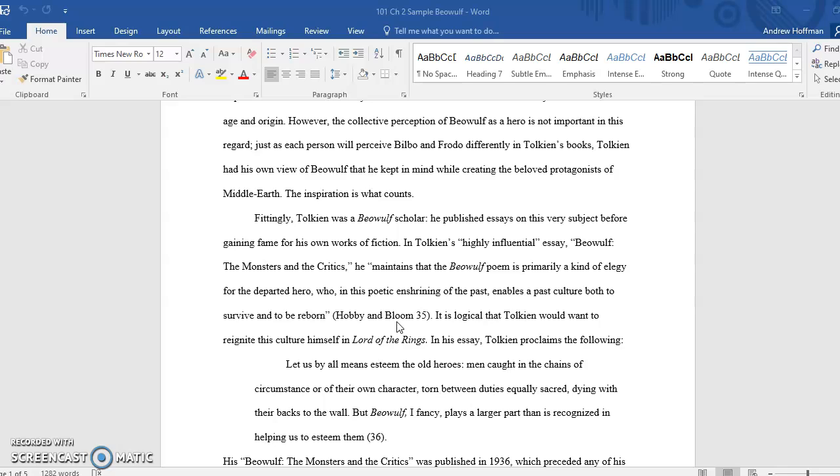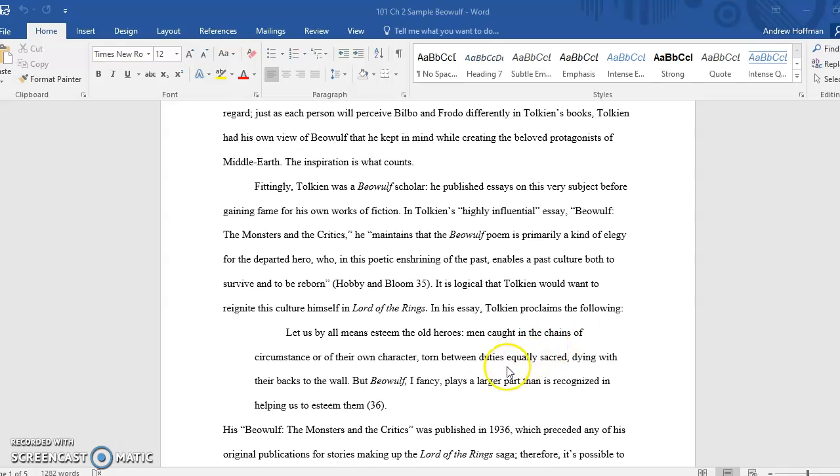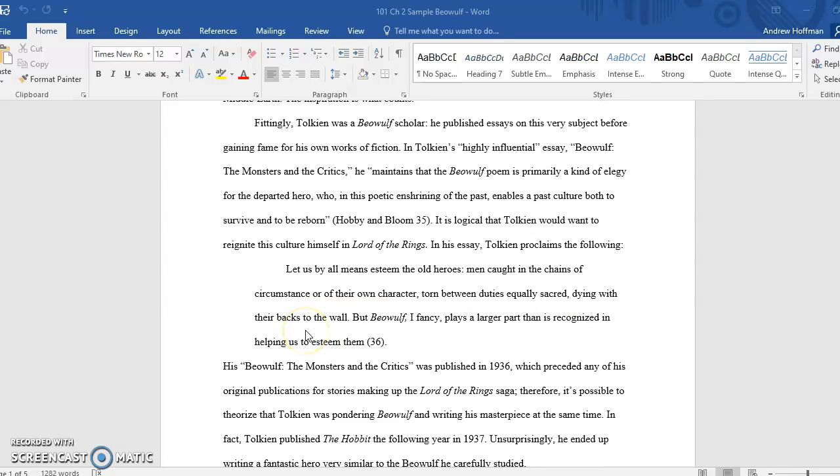It is logical that Tolkien would want to reignite this culture himself in Lord of the Rings. In his essay, Tolkien proclaims the following, quote, and then this is an indented quote. And typically indented quotes are 4 lines long or longer. You indent them from the left-hand margin, as you see here. Because this is the start of a paragraph, the first line is indented even further.